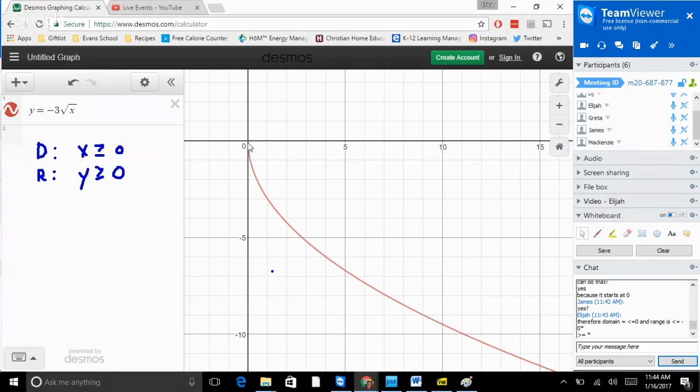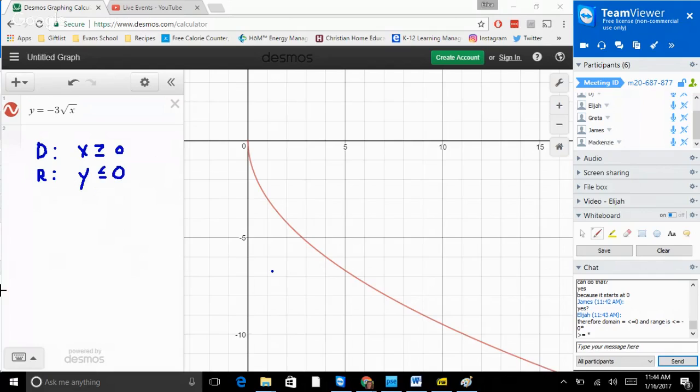My domain is the same. x has to be greater than or equal to 0. It can't be less than 0. But my range is now that y has to be not greater than or equal to 0. y actually has to be less than or equal to 0. So that's the trickiest part of that.